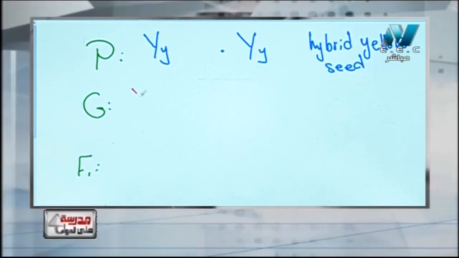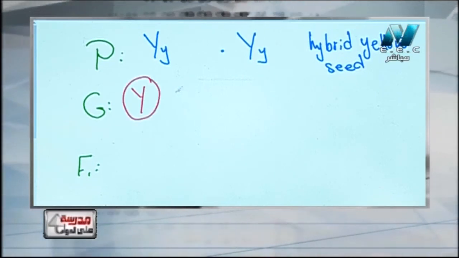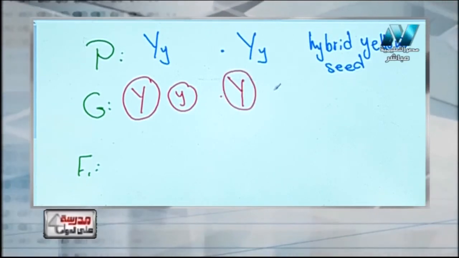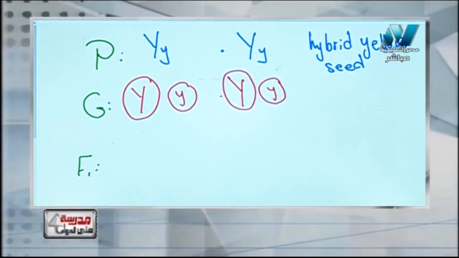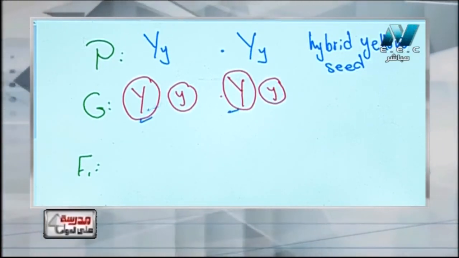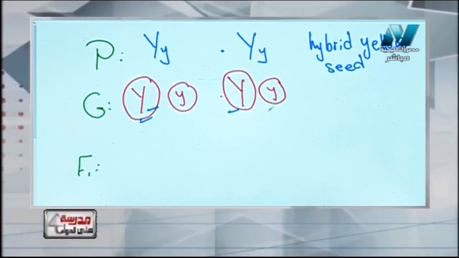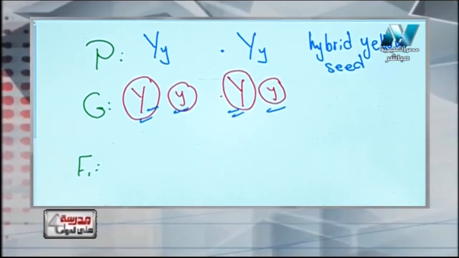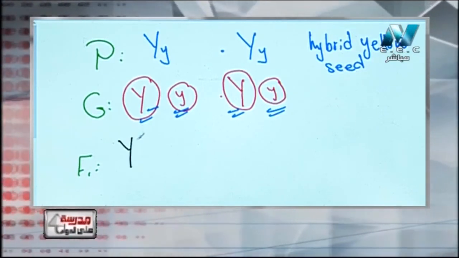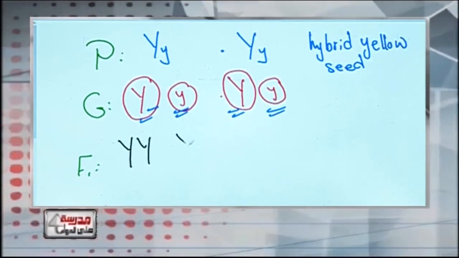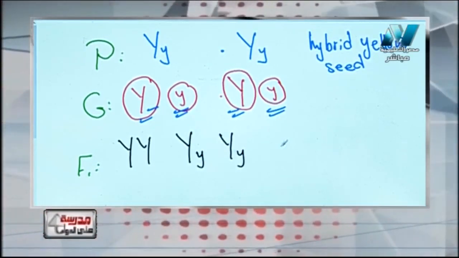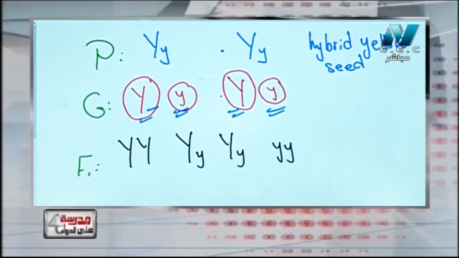Gametes يبقى Y capital Y small, Y capital Y small. We have segregation here اللي هو فصل أو انعزال. So the first with first, then the first with second, then the second with first, and the second with second. So we have Y capital Y capital, then Y capital Y small, and Y capital Y small, then Y small Y small.